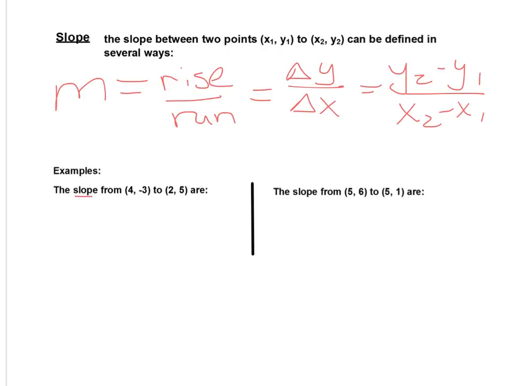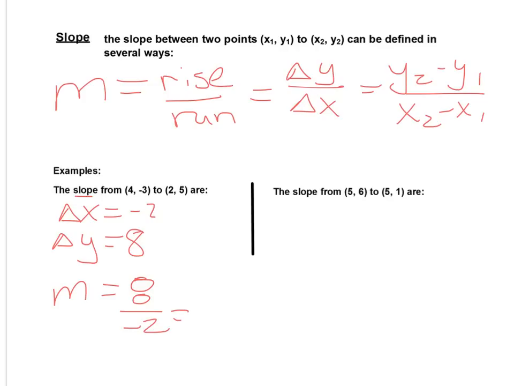So examples, the slope from 4, negative 3 to 5, since we got delta x to be, let me see if I remember, negative 2, and then delta y we got to be 8. So our slope would be delta y over delta x, and reduce that to negative 4.